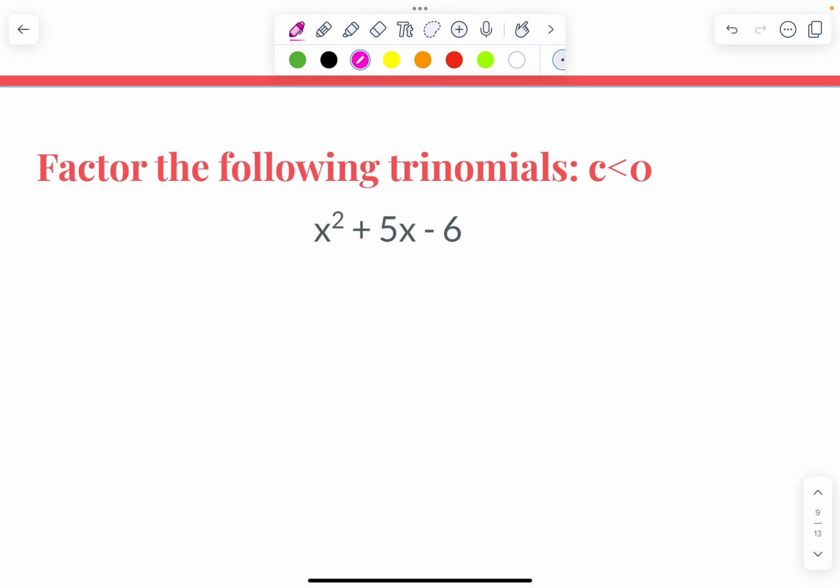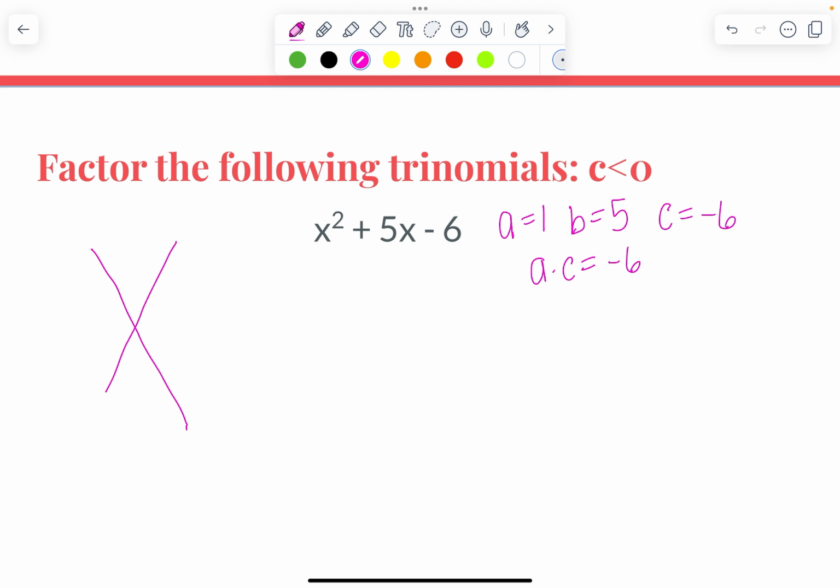All right, we can also have situations where C is negative. So in this case, let's write these down. A is 1, B is 5, C is -6, which means A times C is -6.